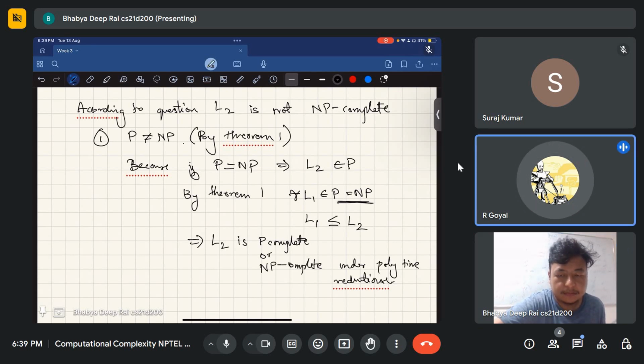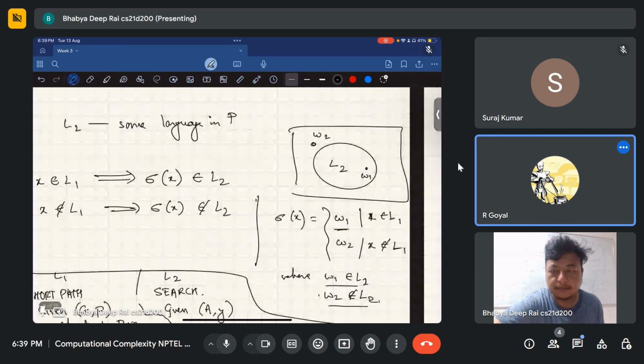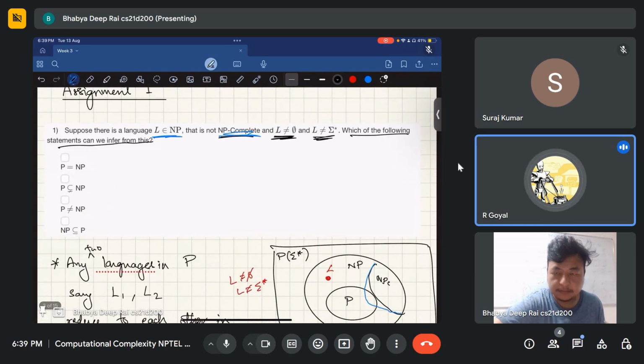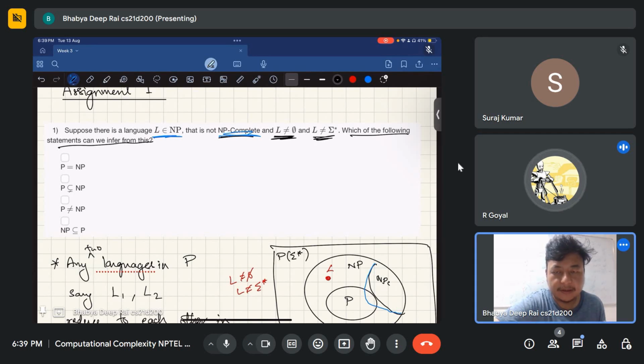Actually, this argument is not that clear. Can you show the problem statement again so that we can understand? So, L is an element of NP, and that is not NP complete, and L is neither phi nor the Kleene closure of sigma. Getting it?